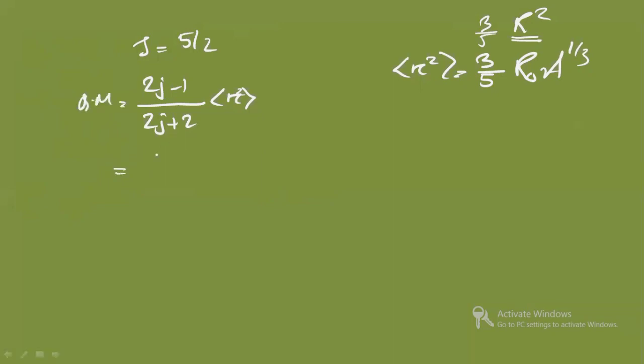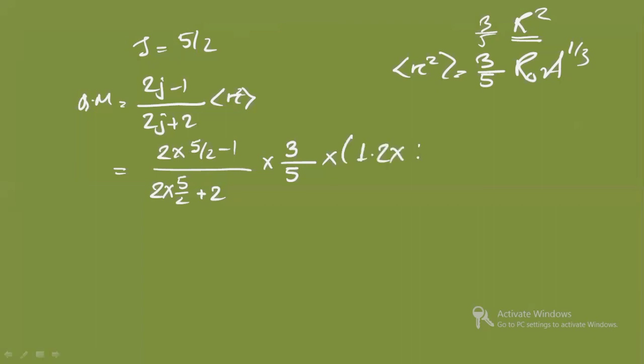Now you see, this is 2 into 5/2 minus 1 divided by 2 into 5/2 plus 2, times 3/5. The value of R naught is 1.2 into 10 to the power minus 15. R square will be completely squared.